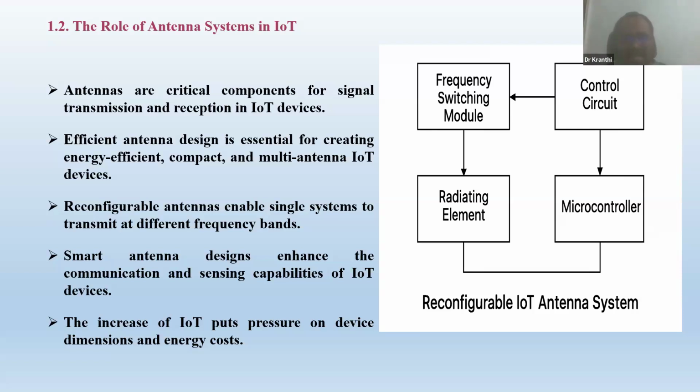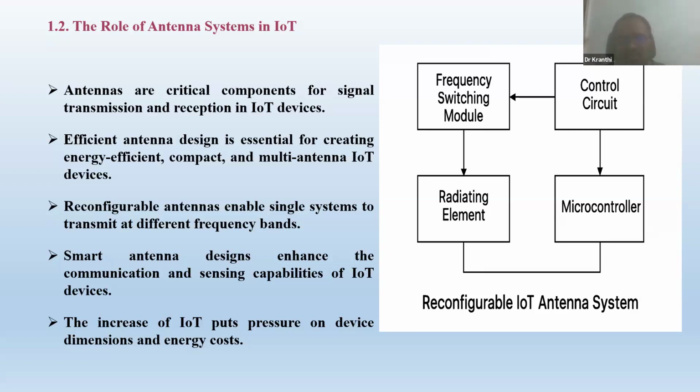The control circuit activates specific switches in the frequency switching module. By adjusting the different sets of modes, the antenna can transmit and receive on various frequency bands or alter its radiation patterns.